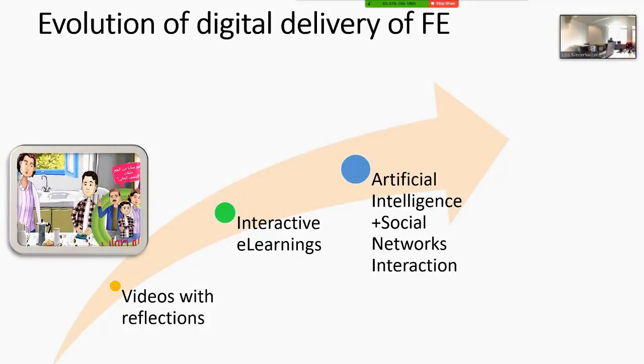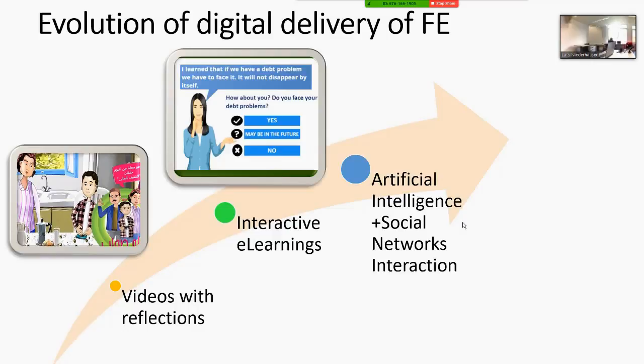So what has been the evolution of the digital delivery of financial education so far? We started some time ago with videos, very short stories with some reflection about money management. Now we are in the process of creating interactive e-learning, having more interaction with the client, with a more structured and comprehensive environment for the education of the client.